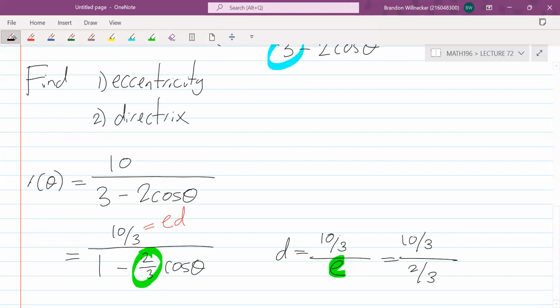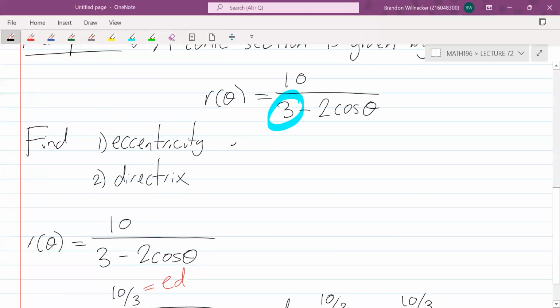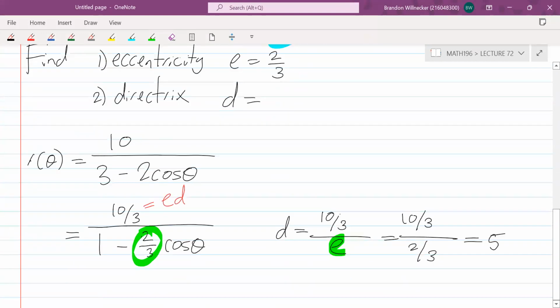That's E. And this is equal to 5. So that is our distance to the directrix. The eccentricity was 2/3, and the directrix distance D was 5.